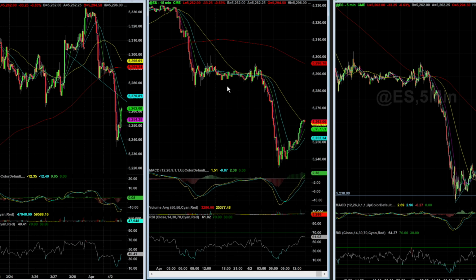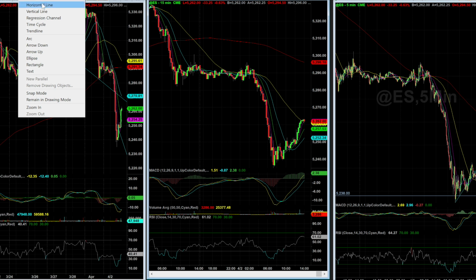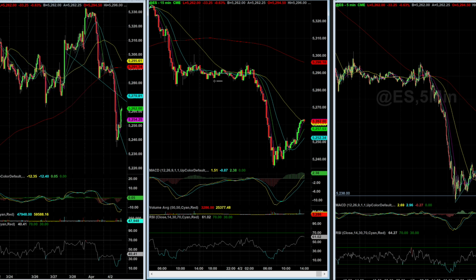And another way to look at it, look at the 15-minute chart. It's been sideways at the 52.90 level for a long time, for 6 hours at least. It had to break either below or above, right?